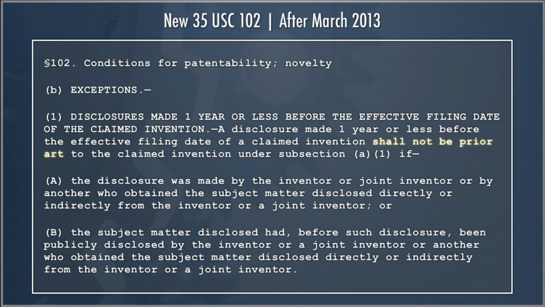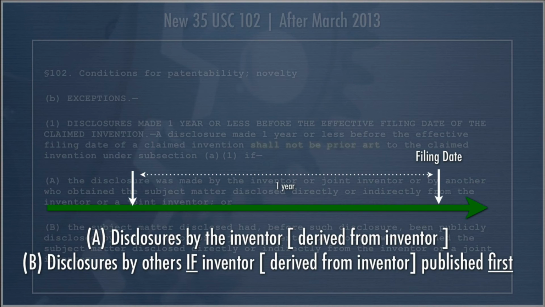So as long as a disclosure is 1 year or less before the effective filing date, right? And it fits into either one of these categories, A and B, right? A is disclosures by the inventor or derived from the inventor, or B, disclosures by others if the inventor or somebody who derived from the inventor published first. Okay?